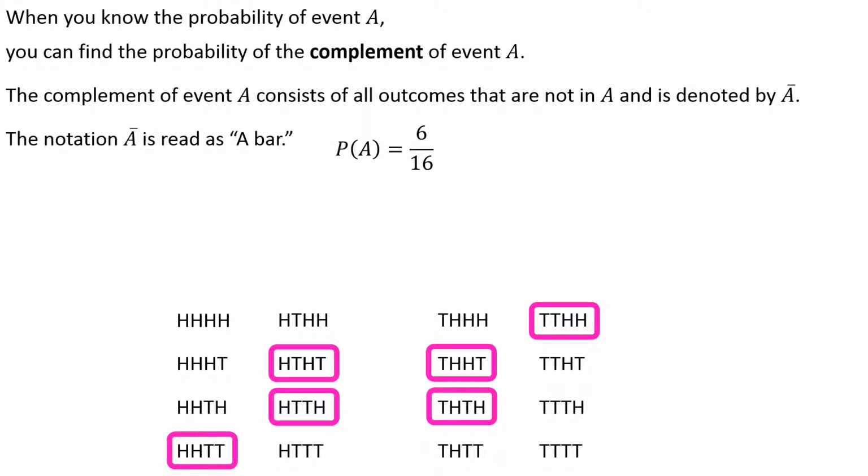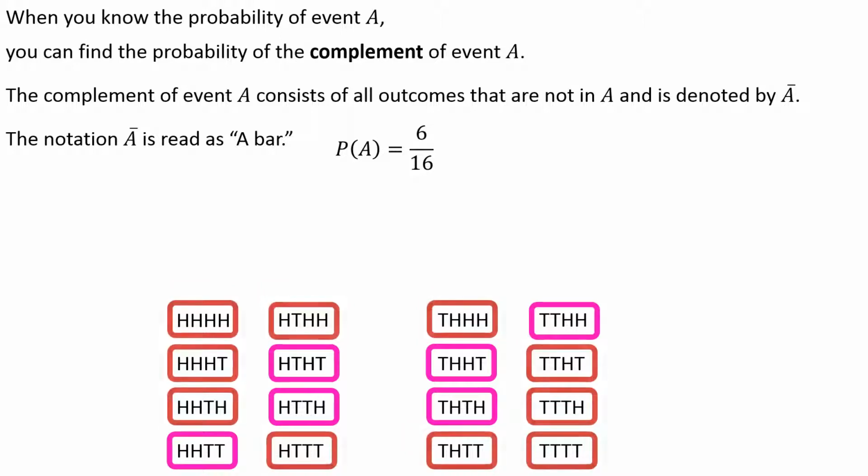So in our case, the probability that we got 2 heads was 6 out of 16. So the probability of not getting 2 heads is 10 out of 16.